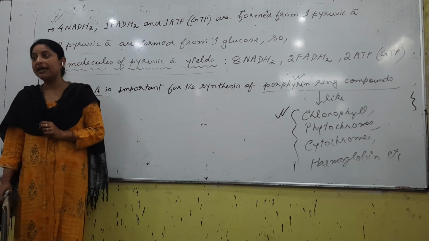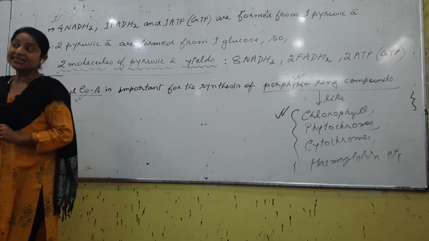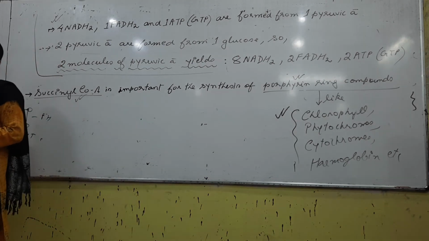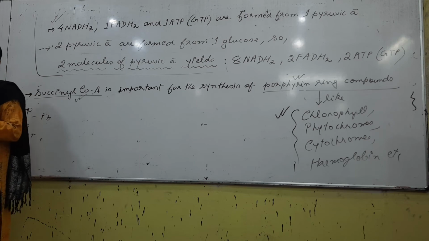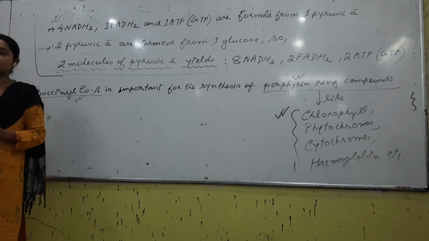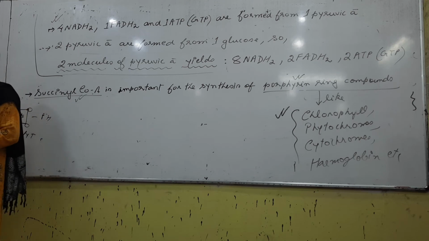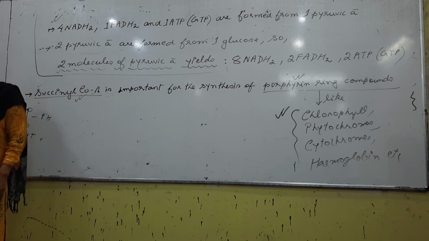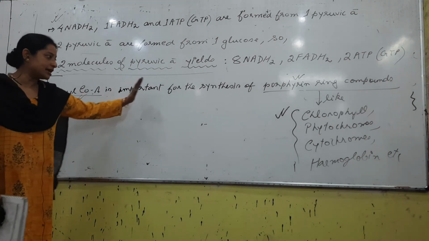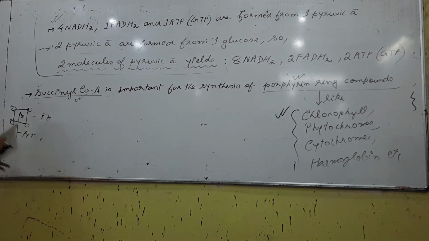Succinyl coenzyme A plus glycine gives protochlorophyll, which gets converted to chlorophyll in the presence of light. So ultimately what forms chlorophyll? Succinyl coenzyme A, which is formed by the Krebs cycle. So of the Krebs cycle products, succinyl coenzyme A and alpha ketoglutarate are very important from other points of view. Succinyl coenzyme A's importance is that it forms porphyrin ring compounds. Now I will write alpha keto.